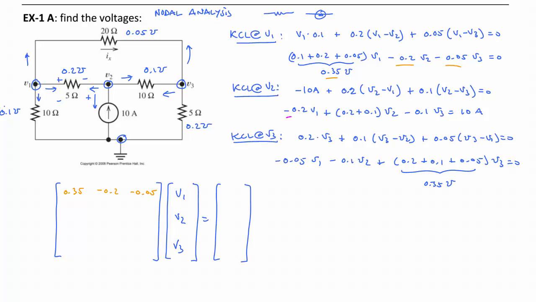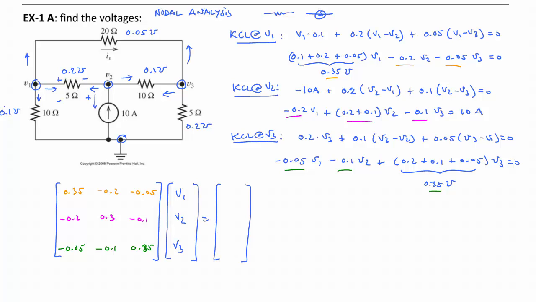And then the second equation we have minus 0.2, 0.3, and minus 0.1. And lastly, we have minus 0.05, minus 0.1, and 0.35.